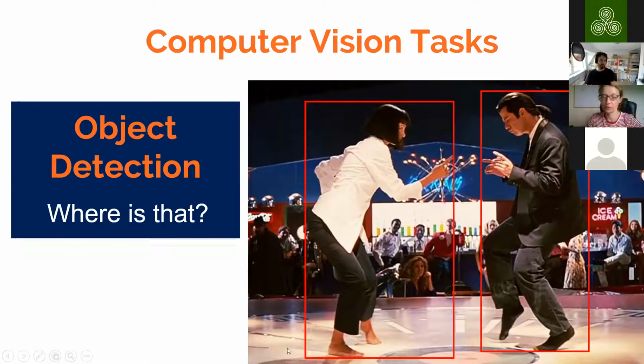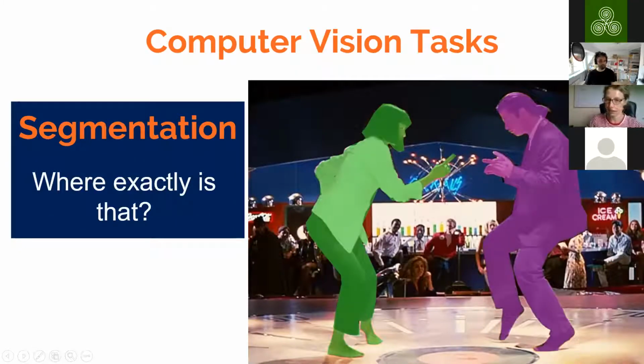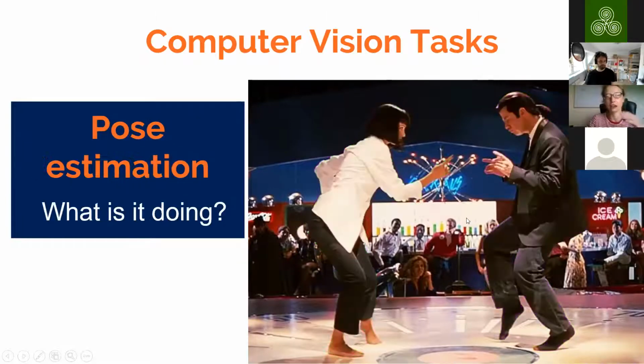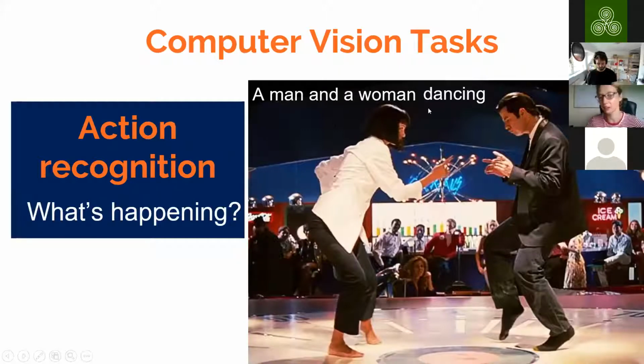You detect people. Segmentation: where exactly is that? You detect masks. You can do pose estimation: what are they doing? They're dancing. Action recognition. And finally, you can do scene understanding: what is really happening? A man and a woman are dancing. So those are the typical computer vision tasks.